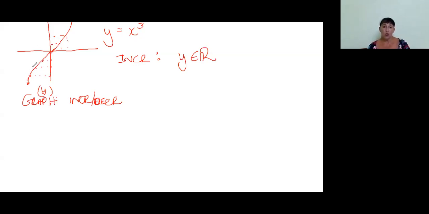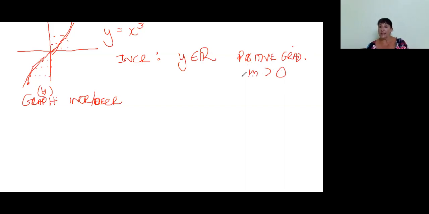Now, if I draw all the tangents to the graph, do you agree that all the tangents have a positive gradient? So positive or increasing, positive gradient. What does that mean? It means m is greater than 0. Gradient is positive.